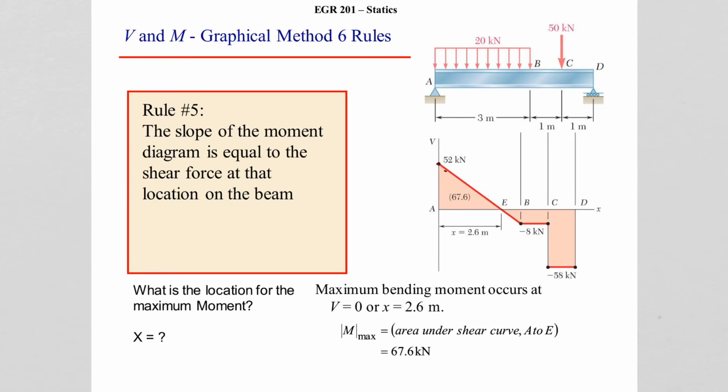It starts out at some value of 52 as the slope. It will come out to a 0 at this location, which means that that is a max or min, so it's probably coming up like this. Then it's coming back down with a negative slope. Then it stays constant, and then it changes again with a different constant slope.